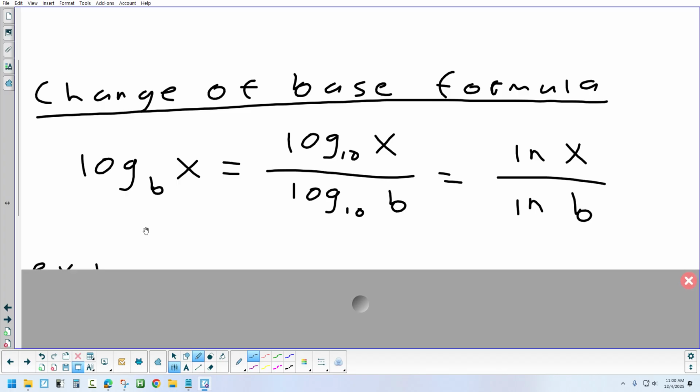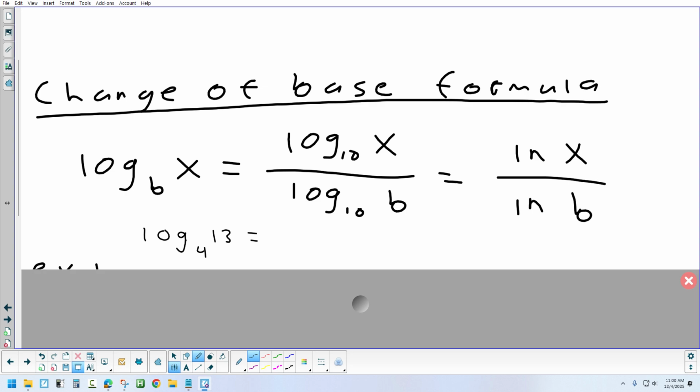So let's say that we had to figure out log base 4 of 13. Base 4 is not base 10, and it's not base E. So you can't just use the button directly to do it. But what you can do is write it as a fraction.